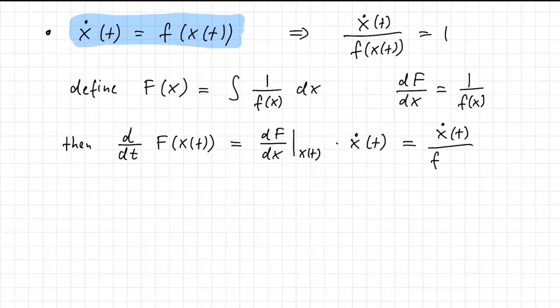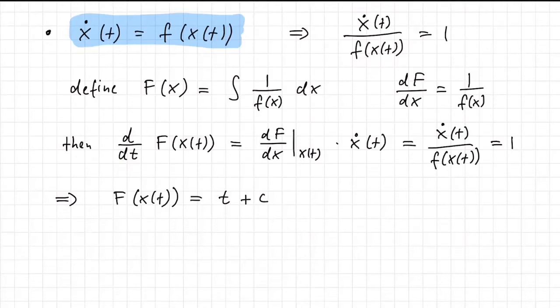So we see directly now that we get the left-hand side here, and we know that this should be equal to 1 according to our differential equation. But now we see again we have a total time derivative on that side. So it's again easy to take the integral on both sides, because from this it immediately follows that capital F of x of t equals t plus a constant.